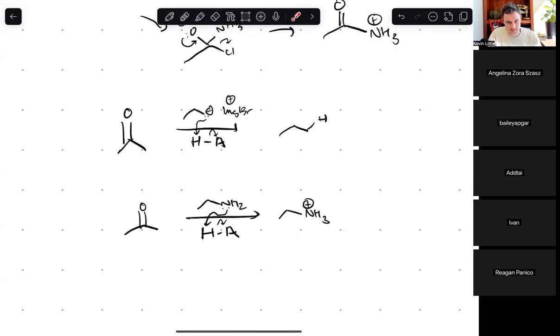But there's a key difference between these two things. One, this can always go backwards. This will never go backwards, right? This is actually the slightly more stable form than this, whereas this is so much more stable than this, right? So this can go backwards. This can't.